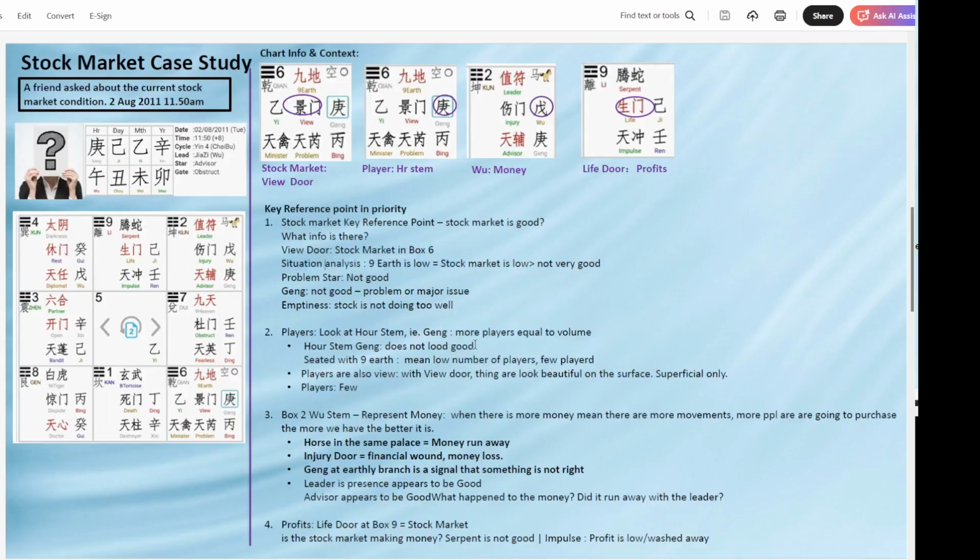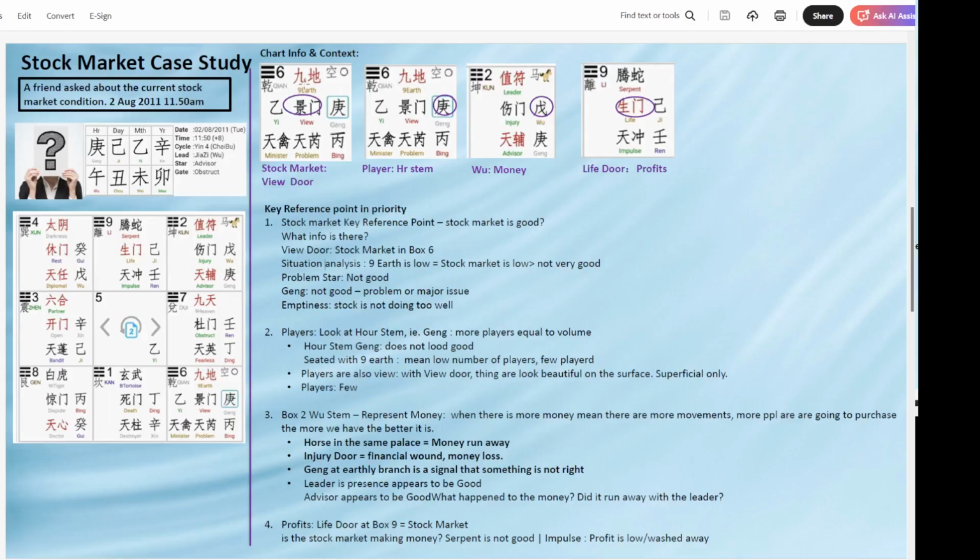We do a situation analysis of the stock market by looking at what are the elements inside the box. Number one, what we have up there is Nine Earth. We know what it is: low. So it is telling us that the stock market is low, so it's not very good.